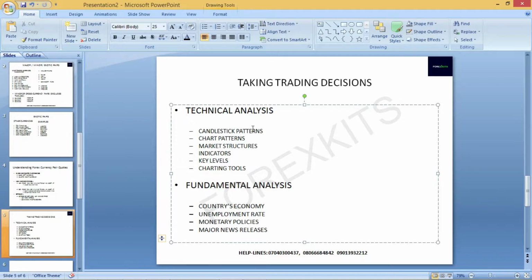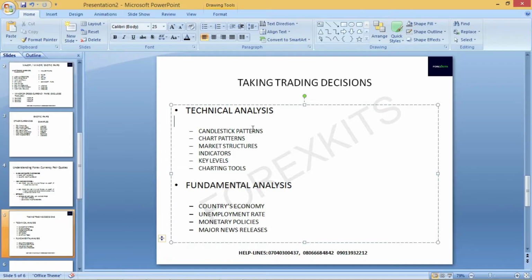More than 80% of the foreign exchange traders in the market make use of technical analysis. Not solely though, most traders combine both technical and fundamental analysis, because fundamental analysis is a reflection of what is happening at that particular point in time, economy-wise.